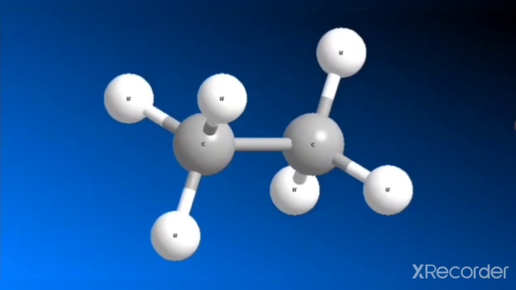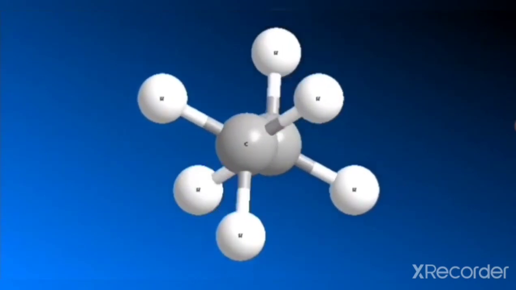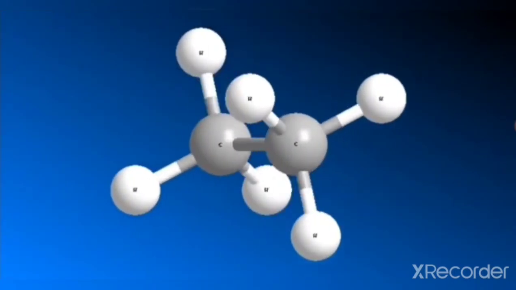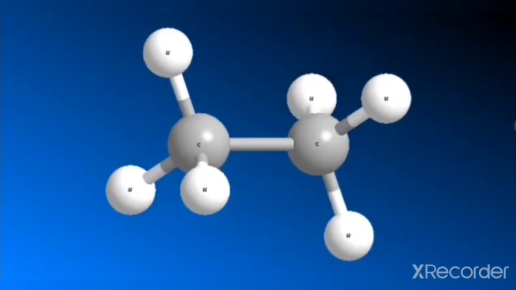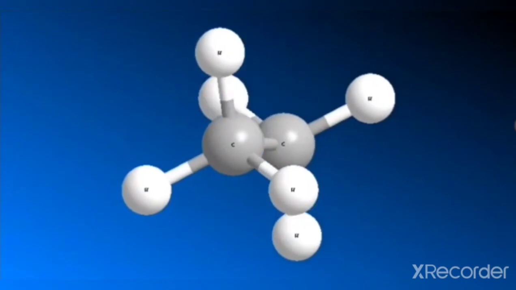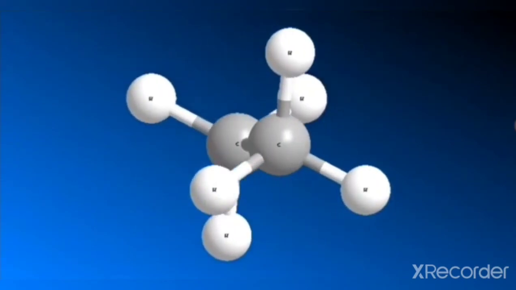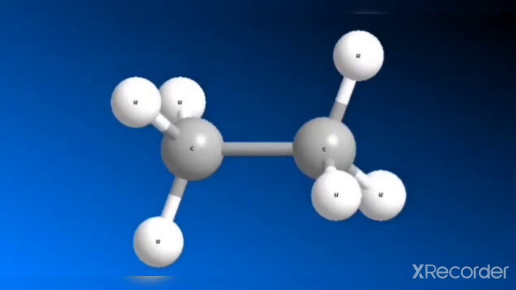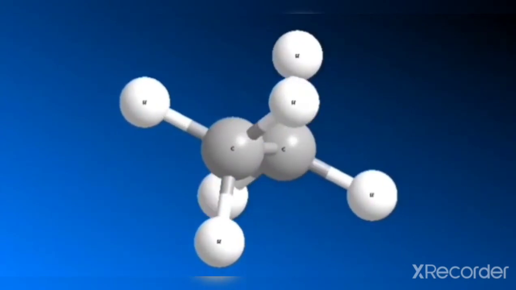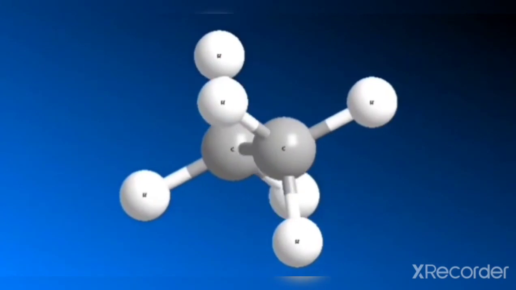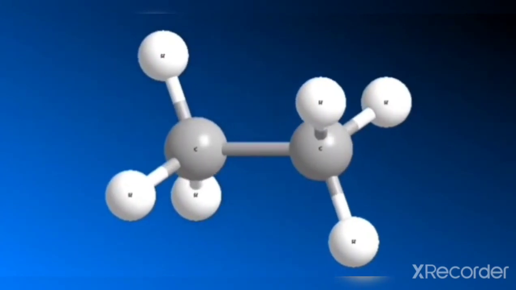This one is the three-dimensional view of ethane, having two carbon atoms bonded by a single bond and each having three hydrogens. From this animation, we can clearly view the two projections, Sawhorse projection and Newman projection.